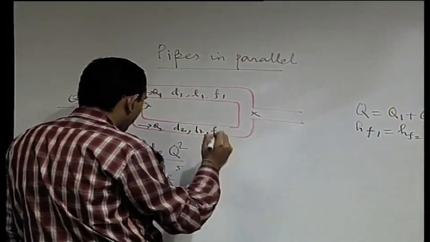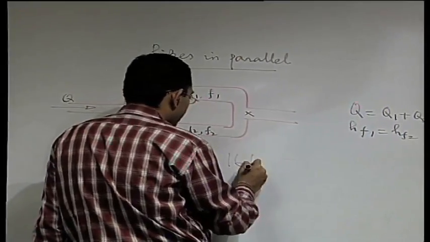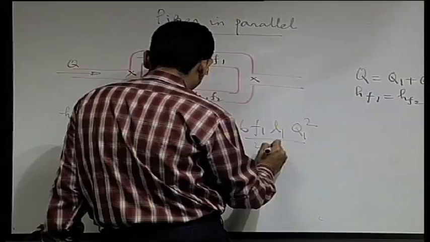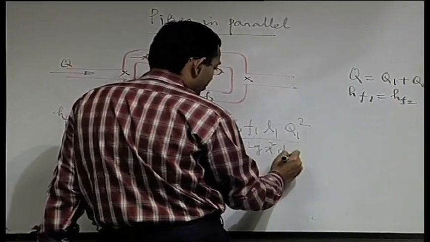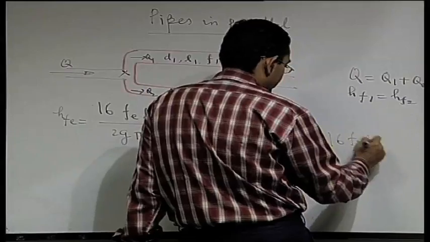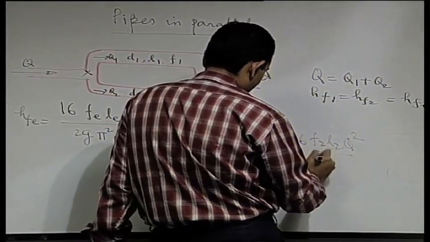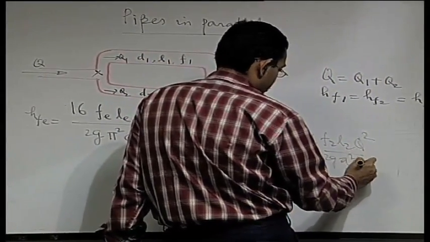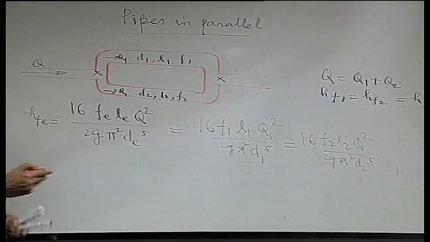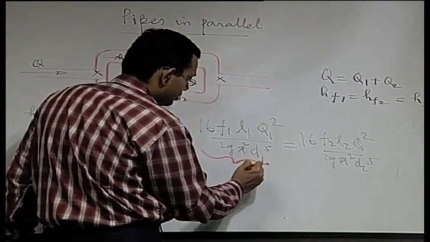This is equal to HF1, that is 16 F1 L1 Q1 square by 2G pi square d1 to the power 5, and this is also equal to HF2, okay. So this is HF1, this is HF2.